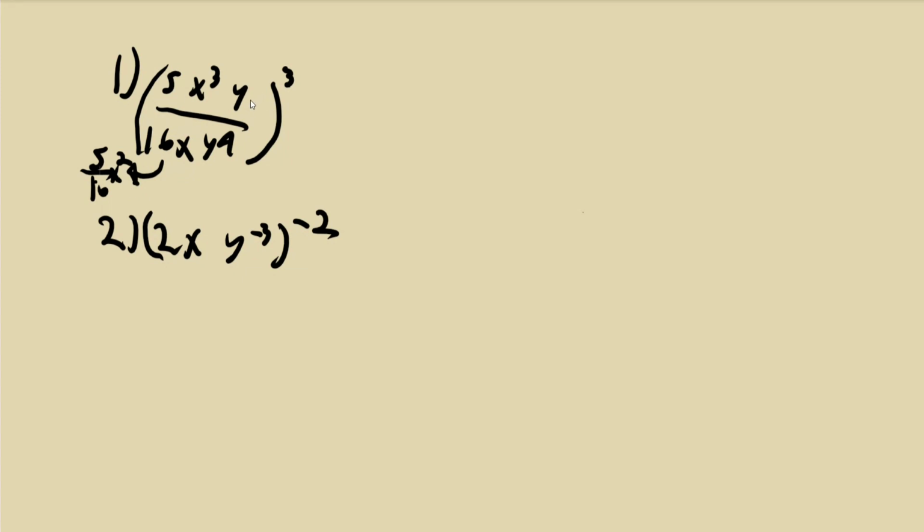And then we have y divided by y to the power of 4. Y over y is just 1, and 1 to the power of 4 is just 1. So what we end up having is 1 right here. So we end up having 5 over 16 times x to the power of 2, in parentheses, times 1, and then to the power of 3.